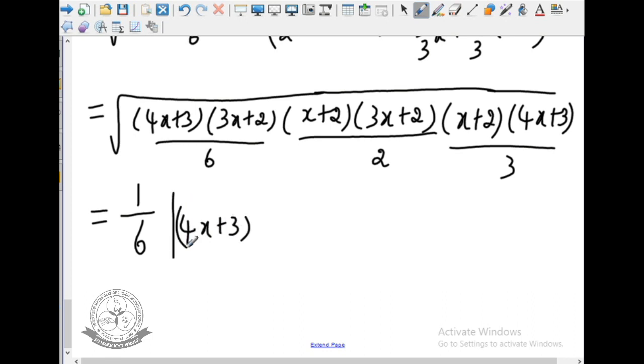Next, here 3x plus 2 and another 3x plus 2. So only one will come, 3x plus 2. X plus 2 also I am having 2, so I take out 1. So 1 by 6 into modulus of 4x plus 3 into 3x plus 2 into x plus 2. So this is the answer. So thank you children.